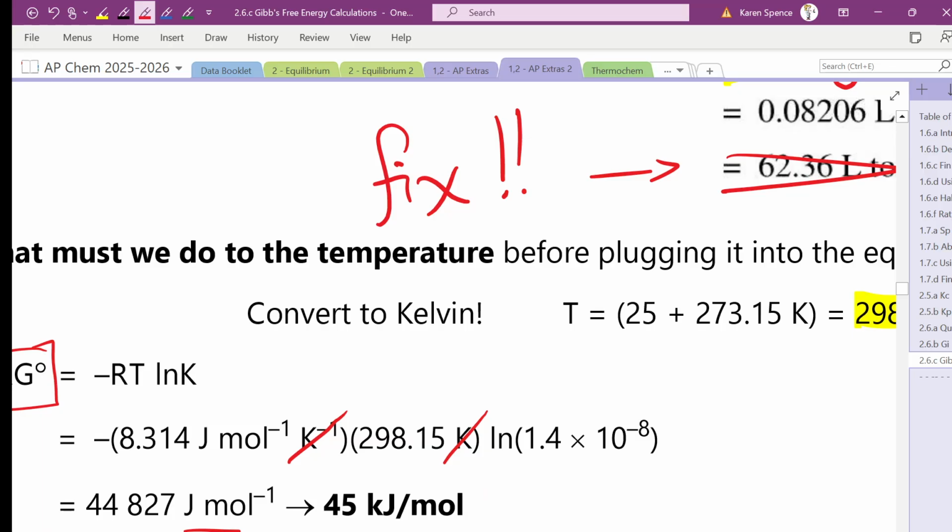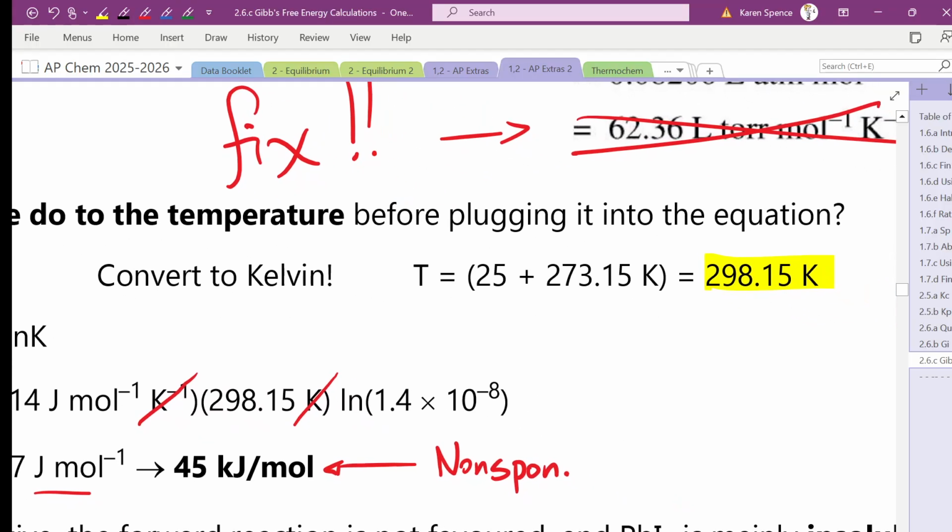What does this value of delta G tell us about the reaction? It's non-spontaneous. It is thermodynamically unfavorable.